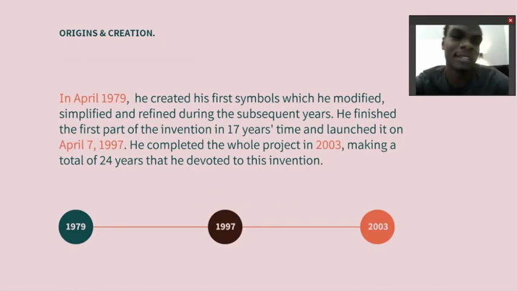He first had the idea in 1977. That's when he had the initial idea of creating the script. But in April 1979, he first created the symbols for the writing system. He worked on them over and over until 1997, when he had partially finished it and launched it, and then he completed the whole project in 2003, making the total years that he worked on the project 24 years.